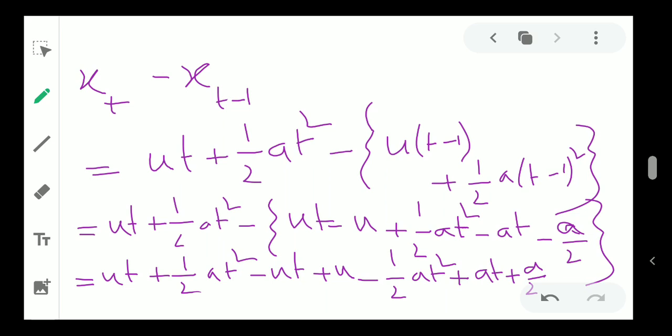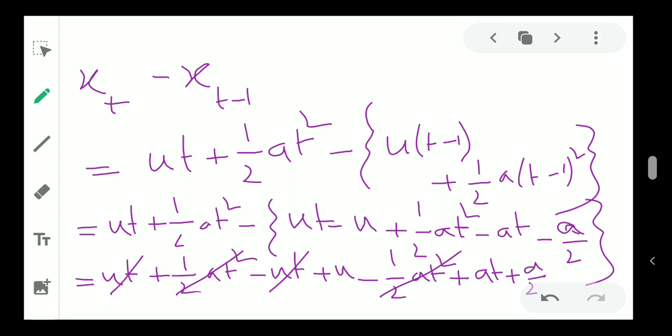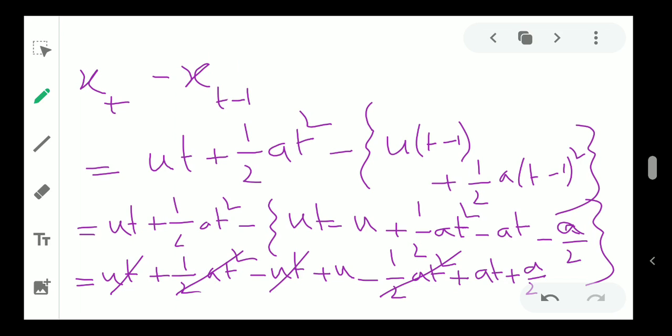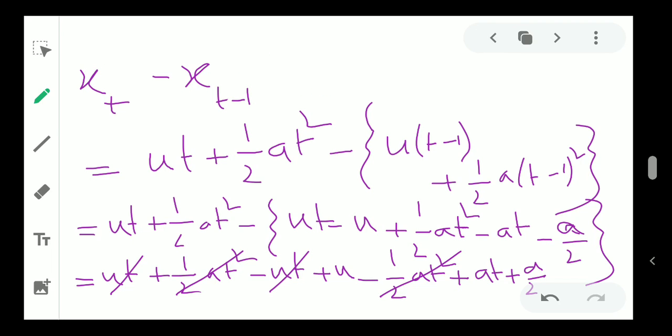So basically you can see that this term is gone, this term is gone, and we are left with this much. So basically in the next page I will be having u plus at and a by 2 plus a by 2, right?